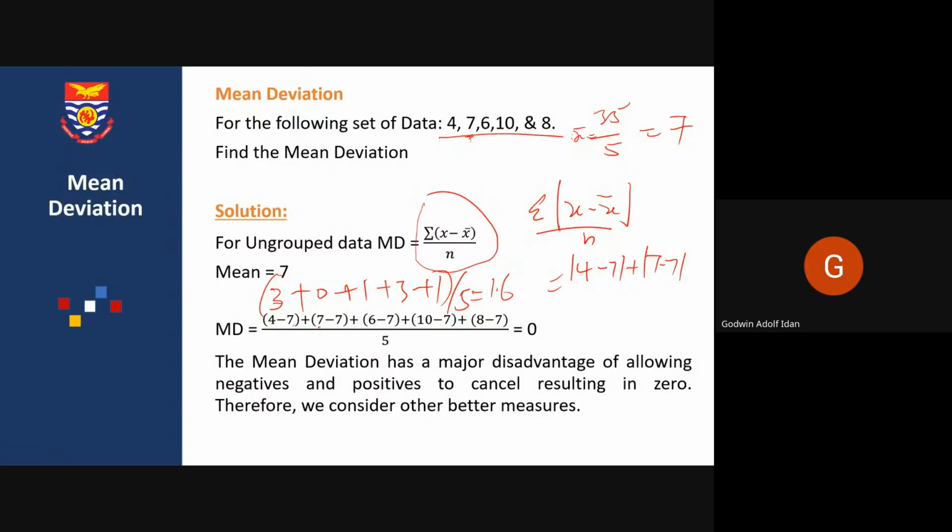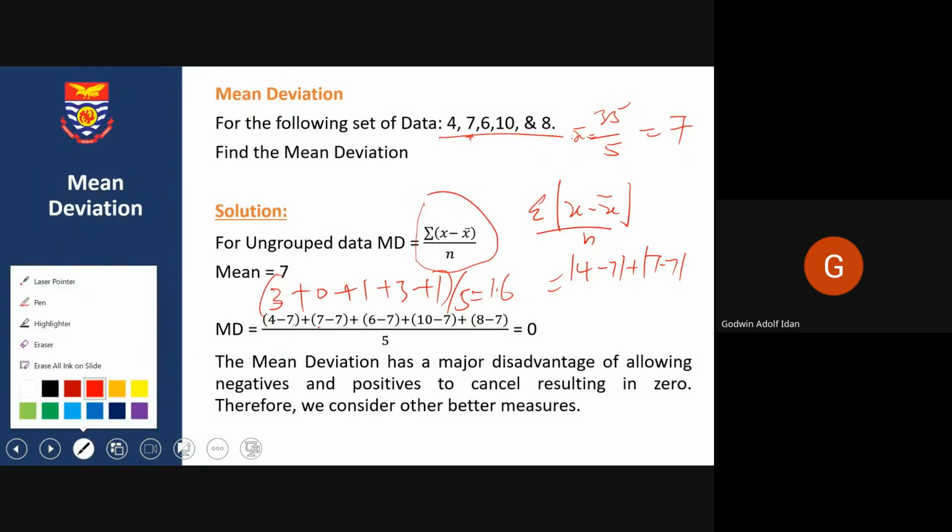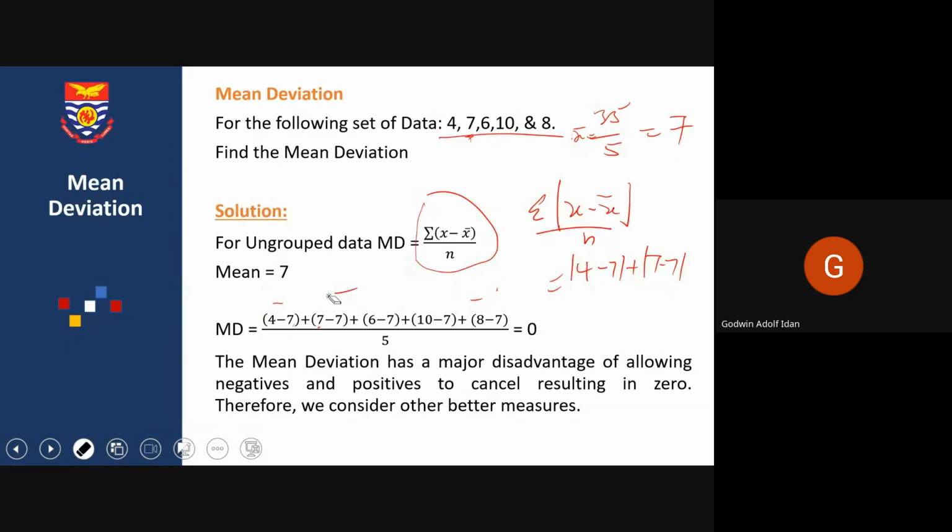Yeah, so let's do the same for the mean square deviation. With the mean square deviation, we're going to follow the same approach. But this time we're going to square the values we have here.